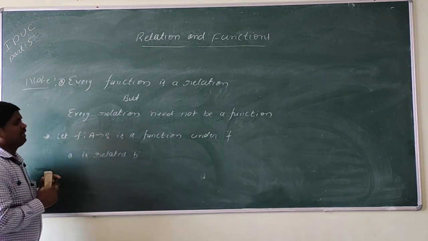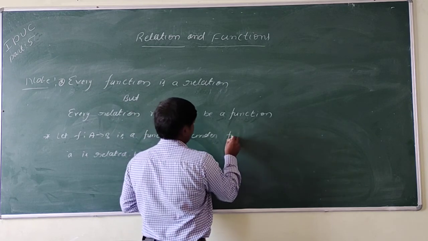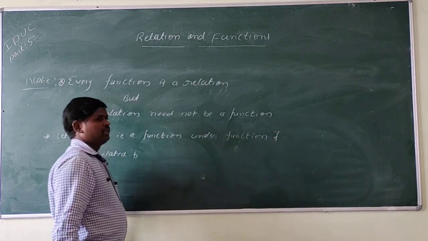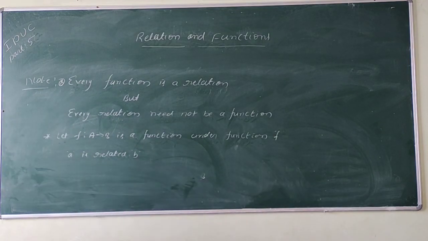Let f be a mapping from A to B, a function. Suppose under the function f, a is an element which is related with b.